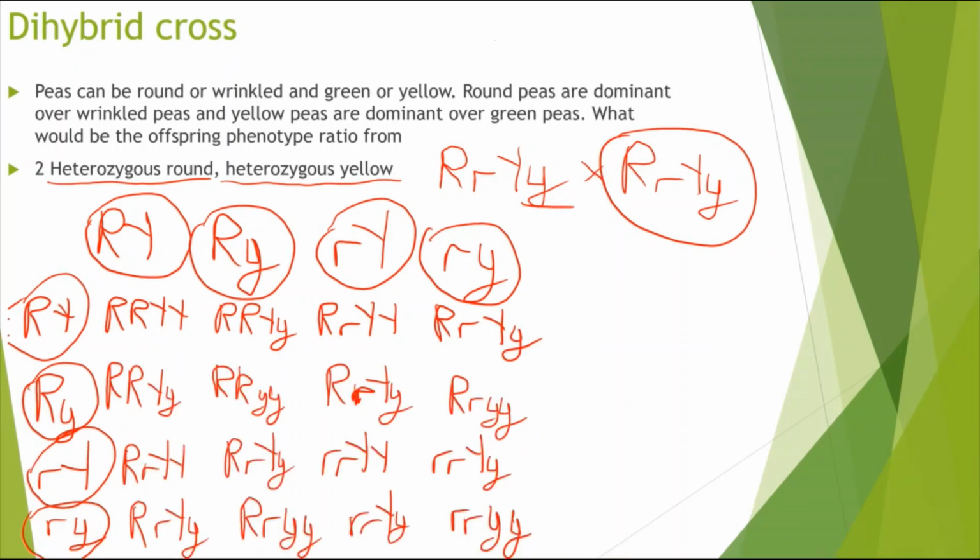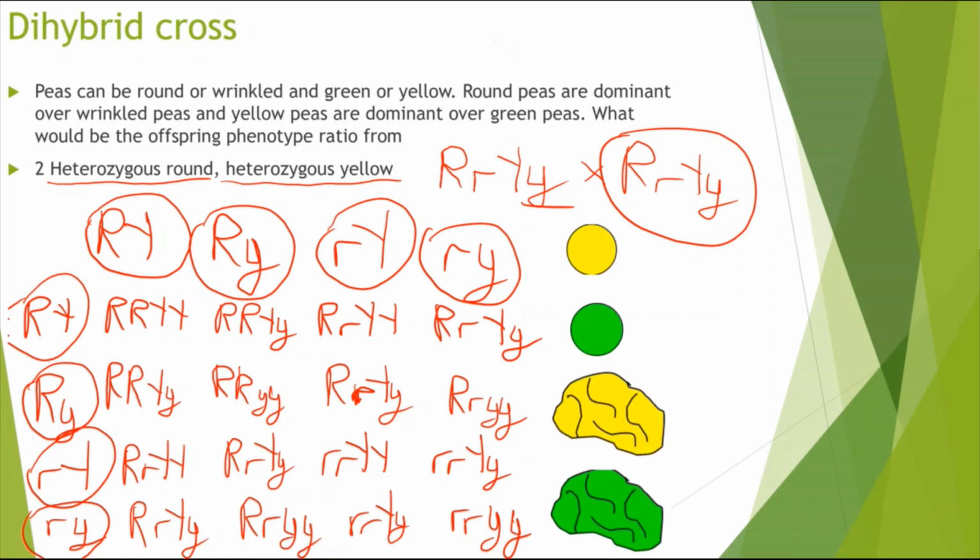So now that I have done my cross, I can start to look at the phenotypes. As previously mentioned, these are the 4 phenotypes we have. First, looking at round and yellow, remember we would require a dominant in both for it to be round and yellow. So I'm going to start circling every single one which has a dominant in both of the genes.